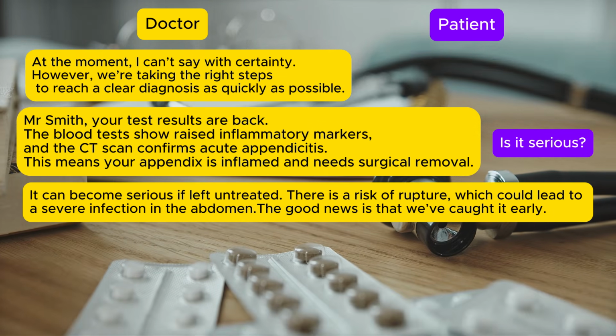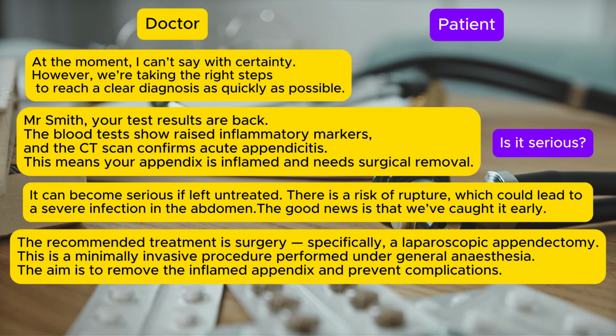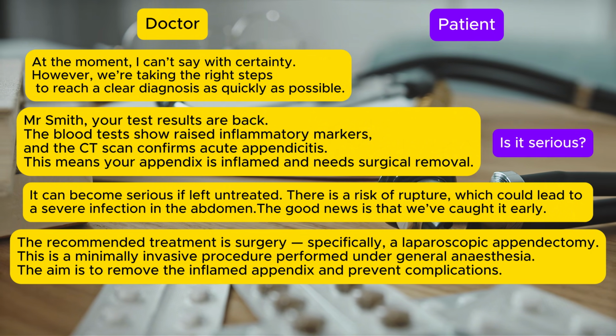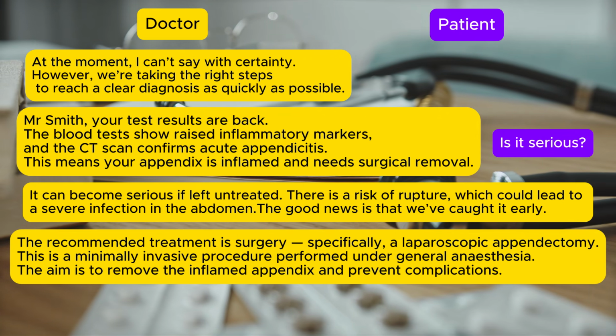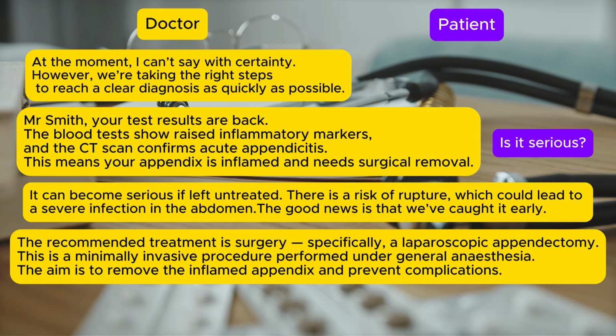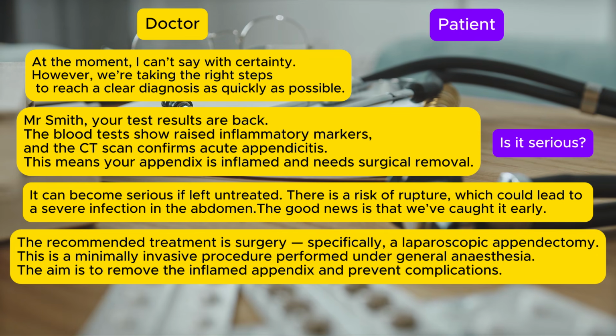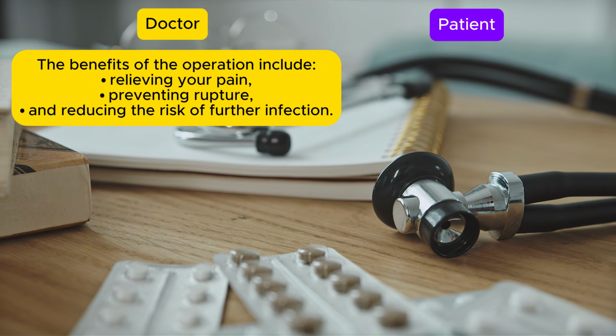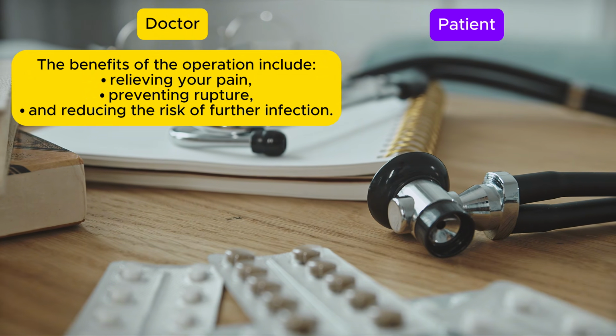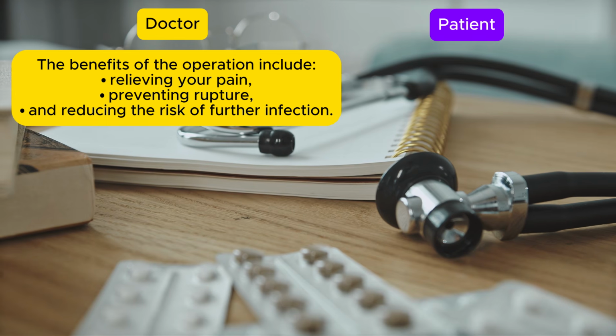The good news is that we've caught it early. The recommended treatment is surgery, specifically a laparoscopic appendectomy. This is a minimally invasive procedure performed under general anesthesia. The aim is to remove the inflamed appendix and prevent complications. The benefits of the operation include relieving your pain, preventing rupture, and reducing the risk of further infection.